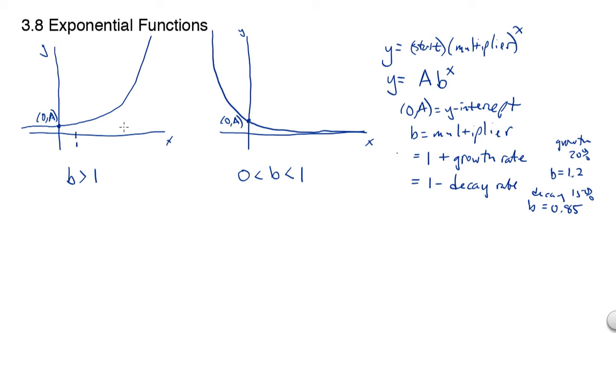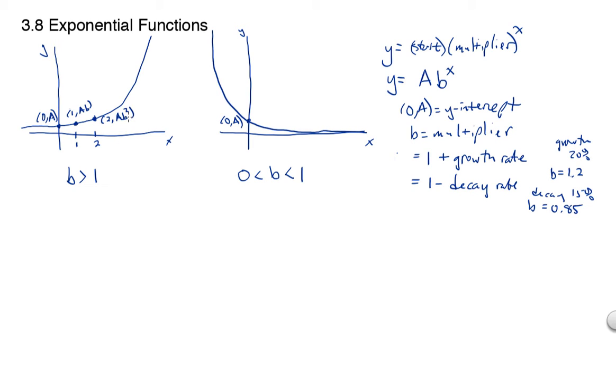And so we could track out a couple key points here. When x is 1, this point on our graph is a times b to the first, or just a times b. So this is 1 comma ab. This point at 2 is 2 comma a times b squared.